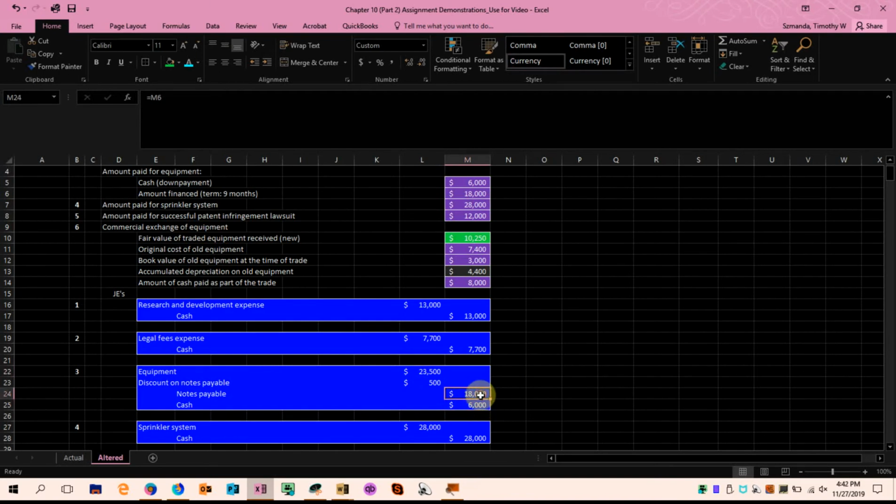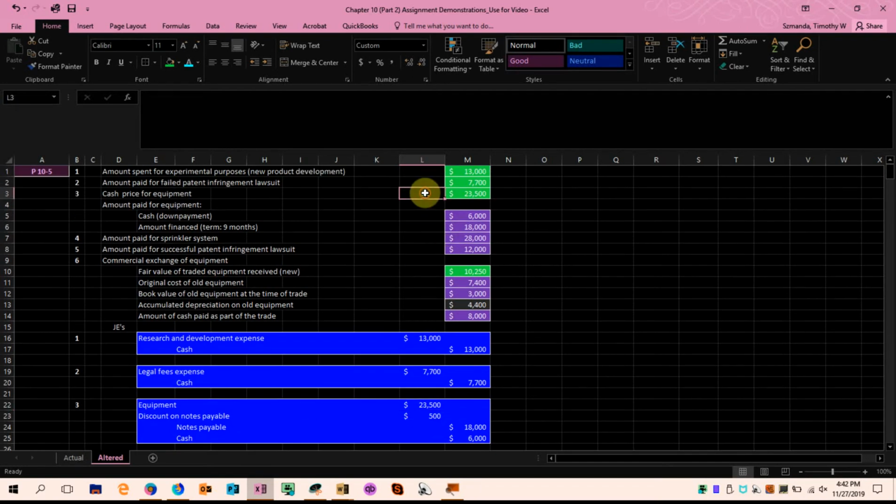We're going to pay $24,000 for this. Therefore, if the value is only $23,500 and we're paying $24,000, then the discount is $500, which will eventually be expensed as interest expense. And that's why they give us the cash valuation, because that's what we would have paid had we not partially financed this purchase.